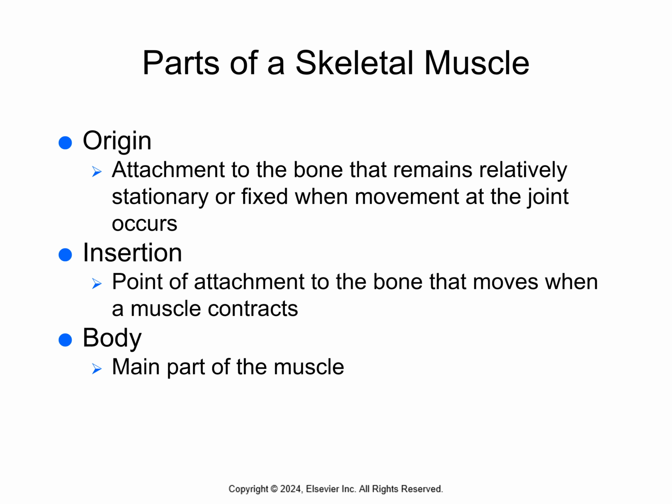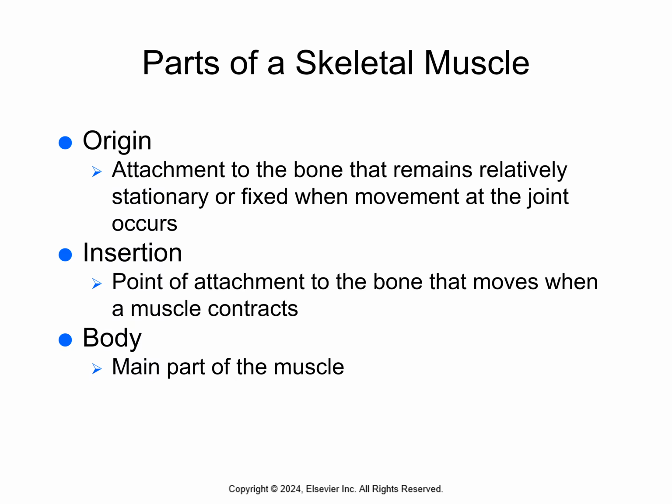Well, the bone in my humerus, my origin, stays the same. But the muscle moving the radius is my insertion. That's the point that actually moves. So the point of attachment to the bone that moves when a muscle contracts is the insertion.